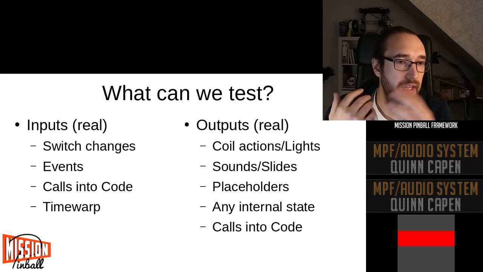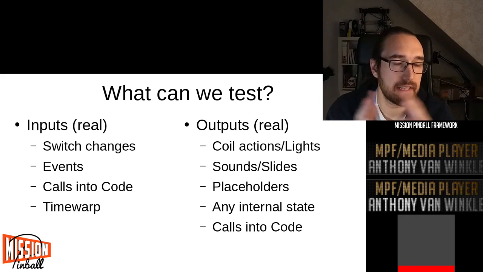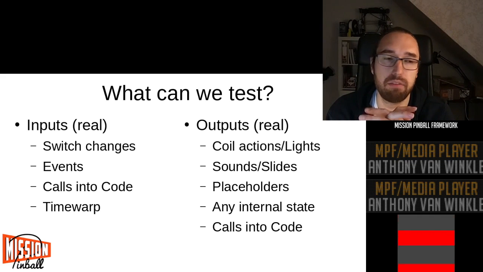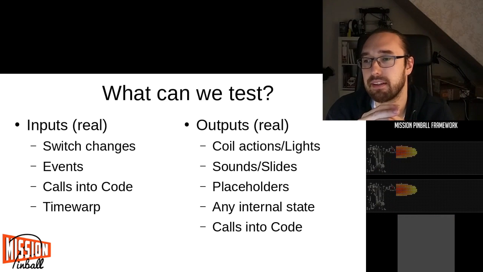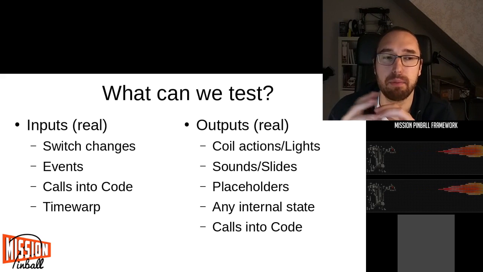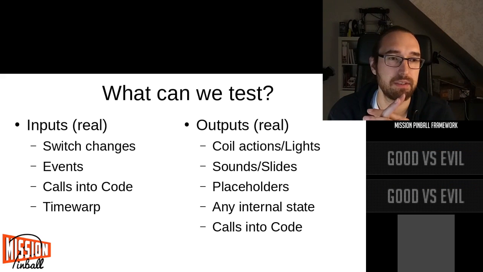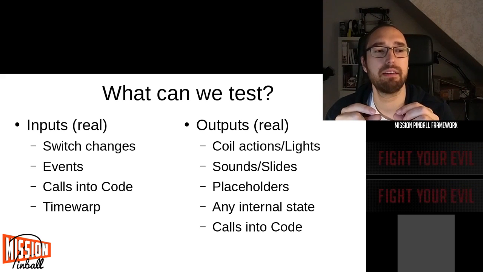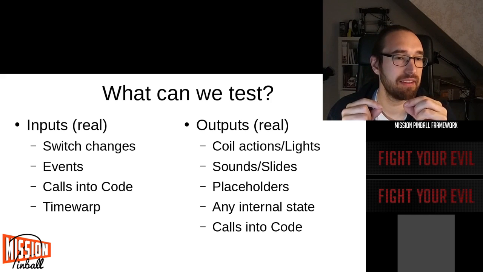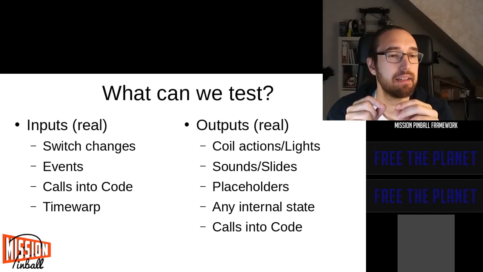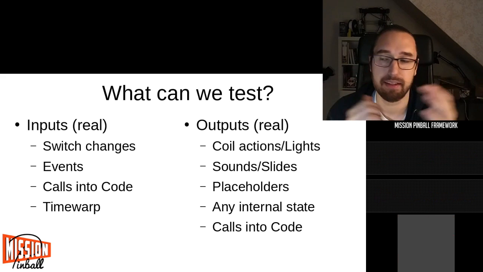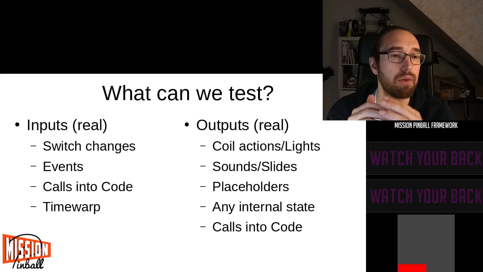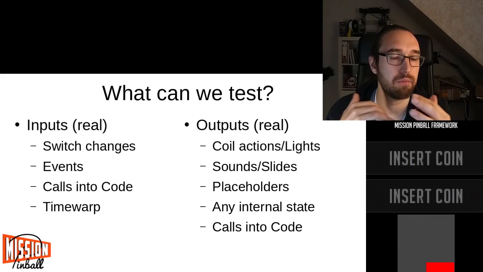You can also call directly into any game code if you've got custom code, if you just want to test deeper stuff. And one tiny little thing which is super useful is that we can time warp. So we can say, well, now let's wait 1 virtual second, and that will only take a blink, but in game time it will be 1 second or 10 seconds or 100 seconds. And that allows us just to run the game faster than in real time.